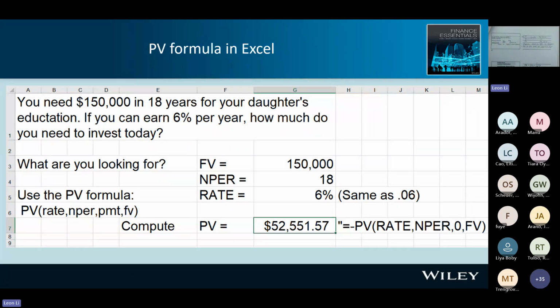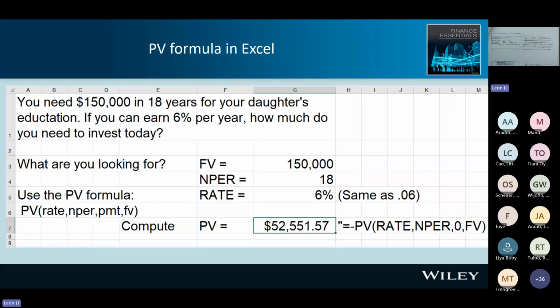So you can see $150,000 in 18 years. This is the future value, later money, 18 years from now. The rate is 6%. How much do you need to invest today? This is our PV.